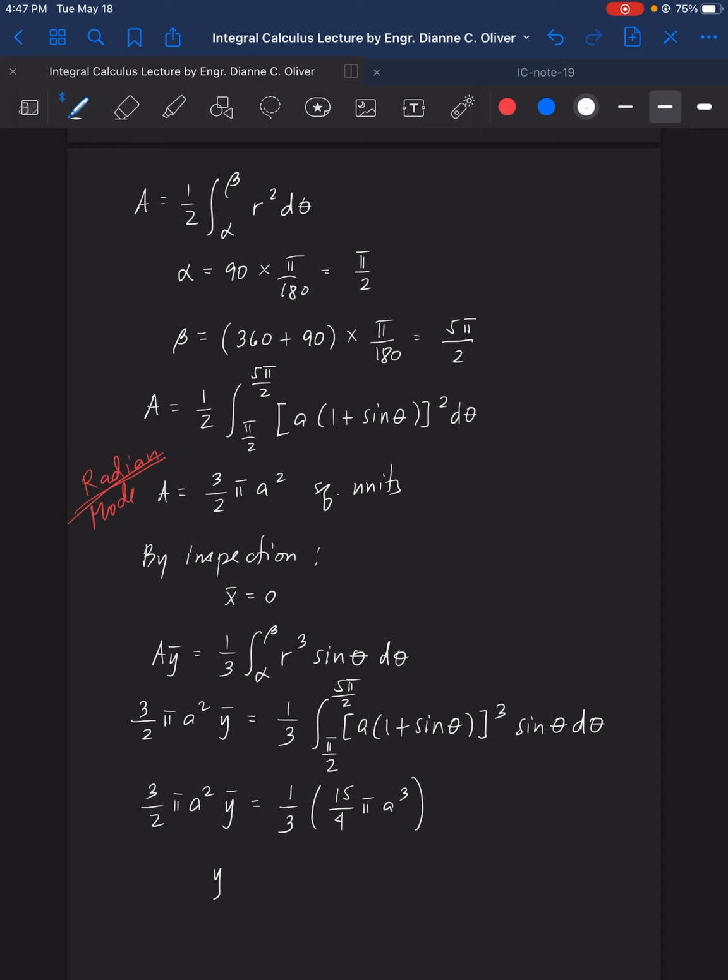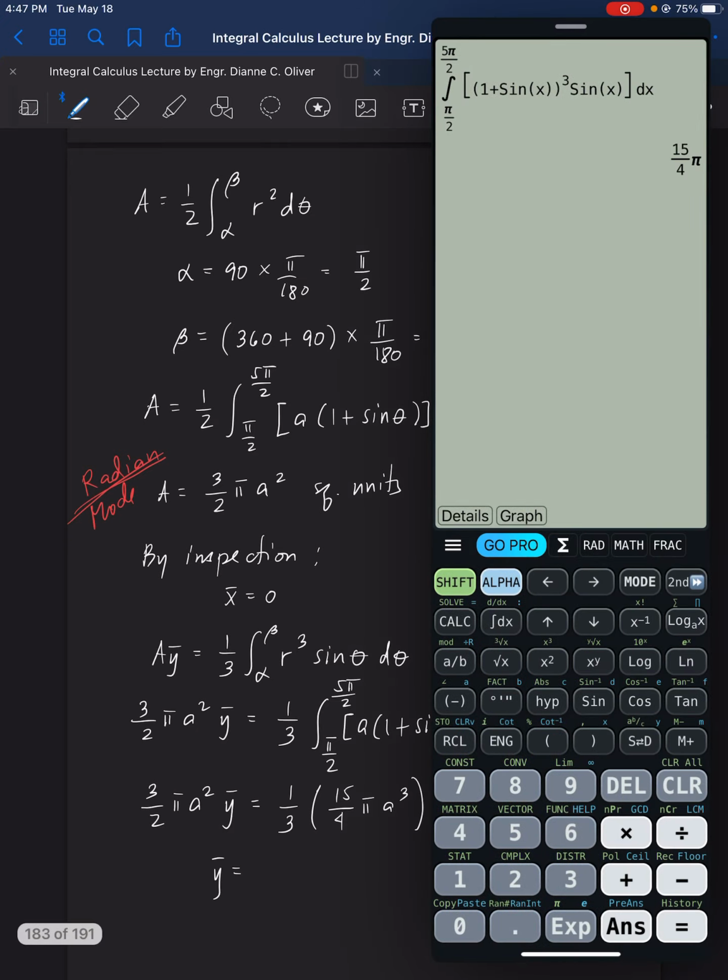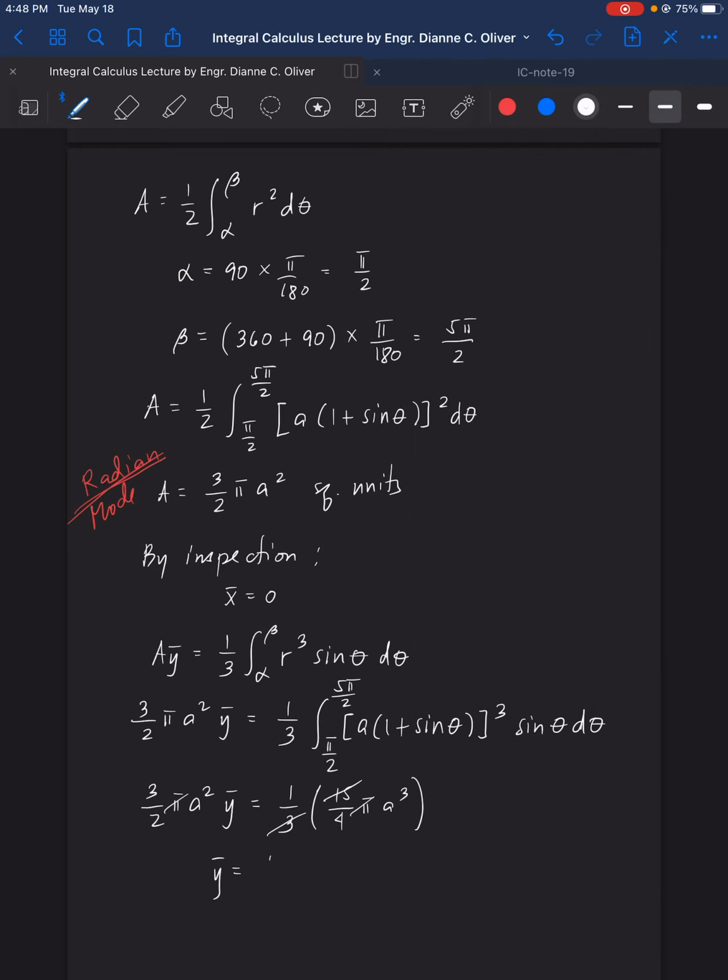So y bar is now equal to, we cancel this, it becomes 5, then cancel pi. So 5 over 4 divided by 3 halves. The answer here is 5 over 6 a, or 0.83a.